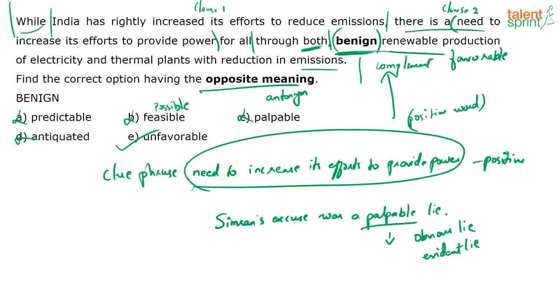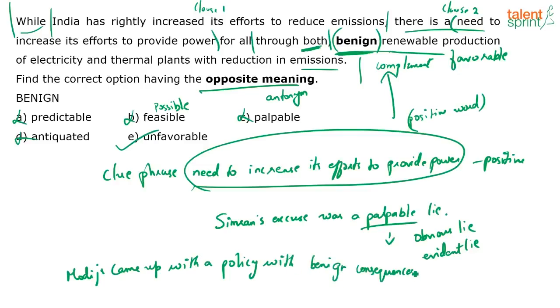For example, let me give you a context that will make more sense. So if I say Modi ji, Narendra Modi came up with a policy. The policy with benign consequences for the economy. So obviously he is trying to do something right by the economy.